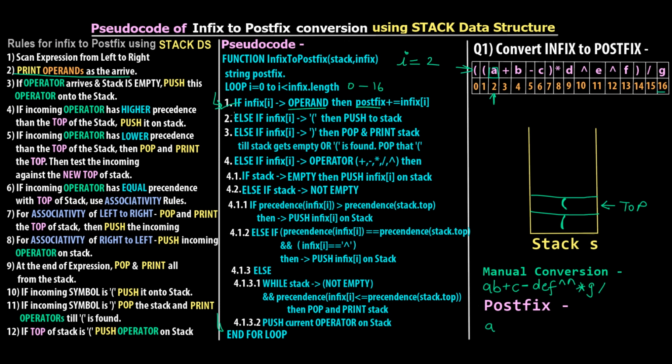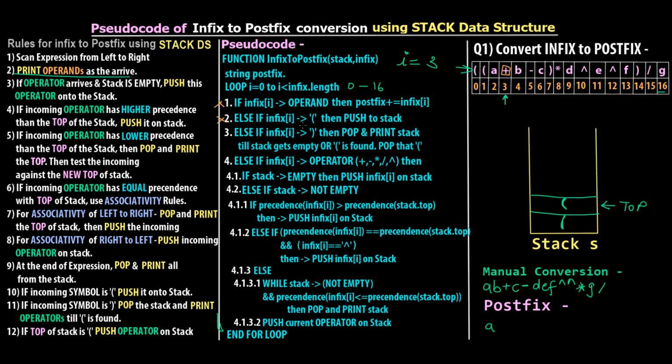Okay, so since first if was true, this else if and point number 4 else if will not be executed. Obviously we'll come at the end of the for loop, again go at start of the for loop, and I will become 3. So when I will become 3, we will be at index position 3. At index position 3 we have a operator plus. Okay, so in the conditions, first condition will not be true because it is not an operand.